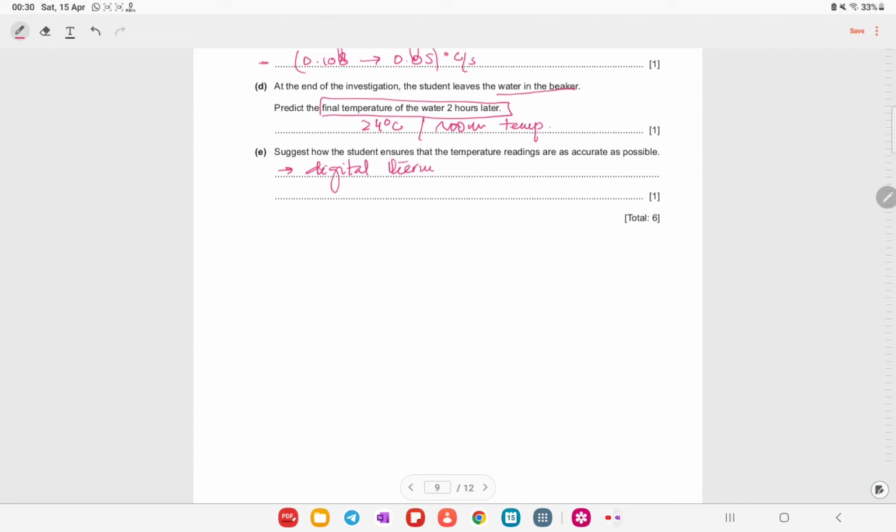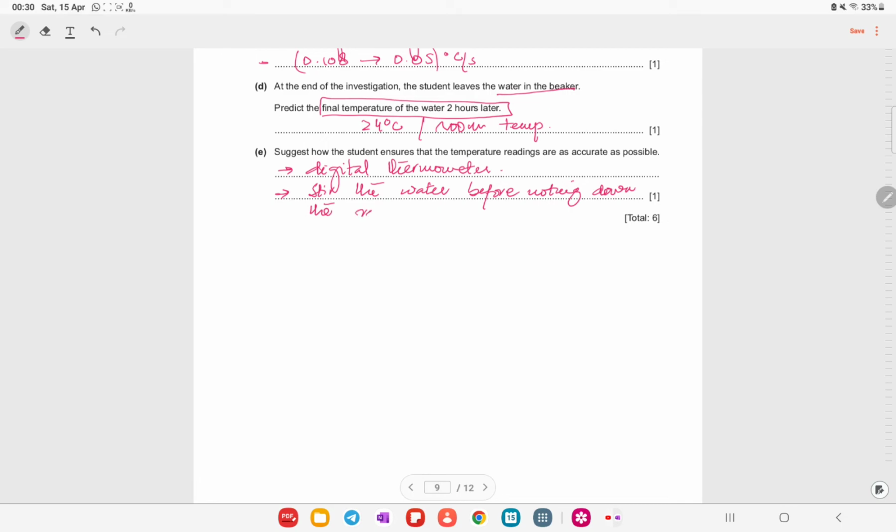One way of doing this is taking the reading with the digital thermometer. You can stir the water before taking the reading, before noting down the readings.